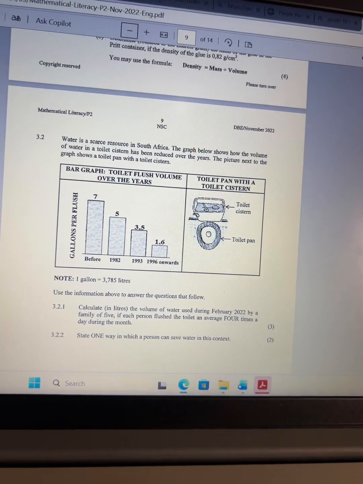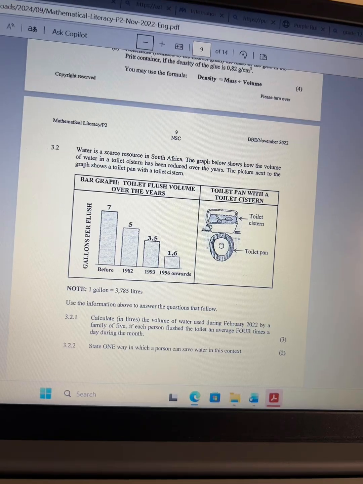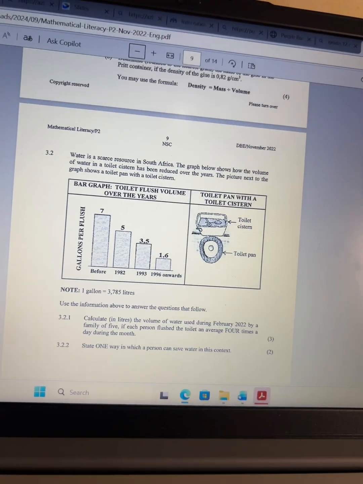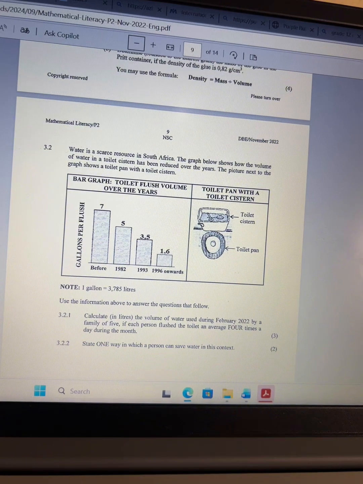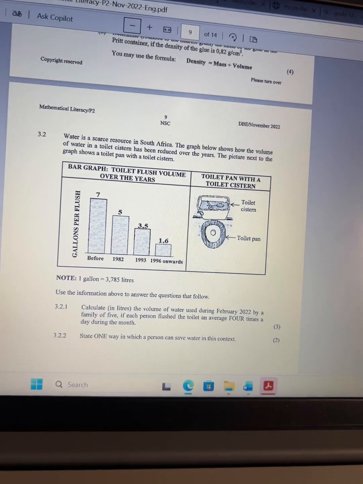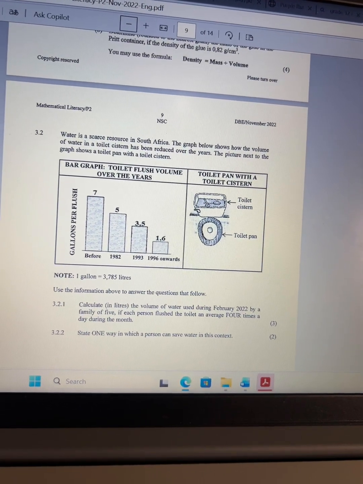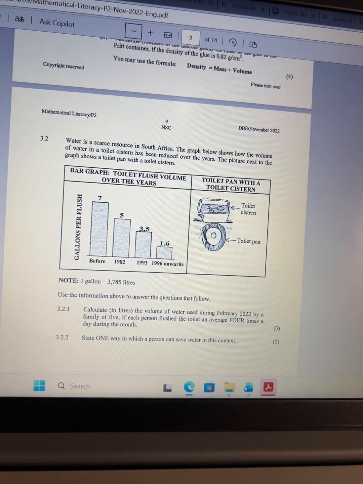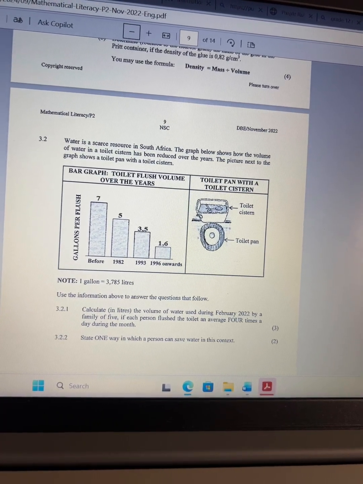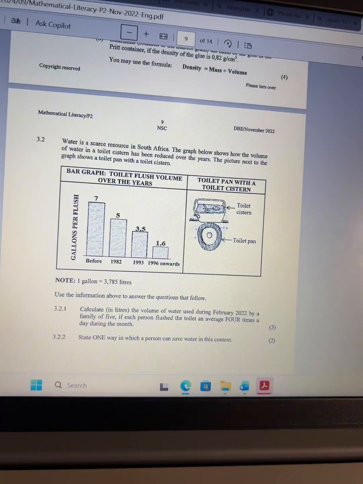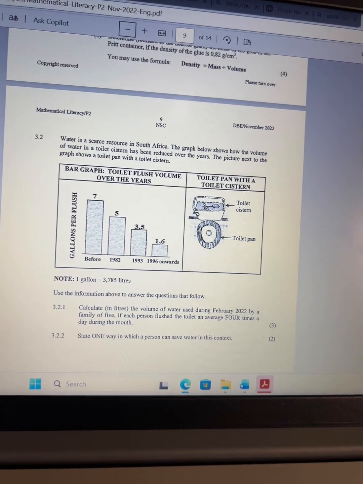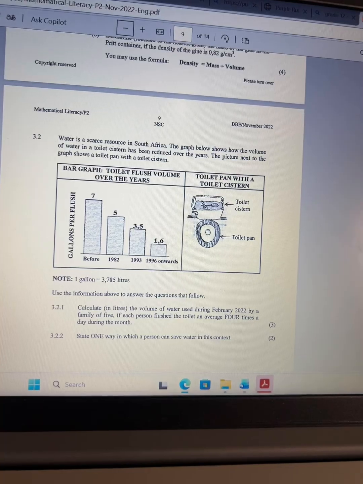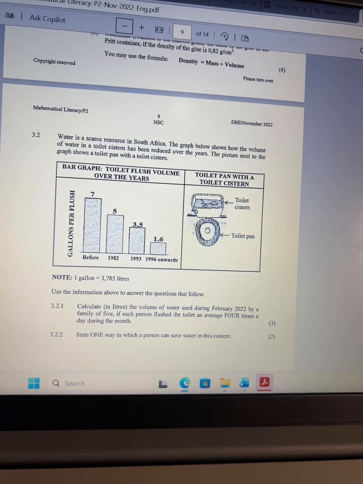I can say that people must stop flushing the toilet when they go to pee, and they only flush the toilet when they go to do number 2. So that's exactly what I can say. The other thing is that when they go to the toilet, instead of using the whole tank, they can flush and stop before the water finishes and see if what they were trying to flush is washed away.